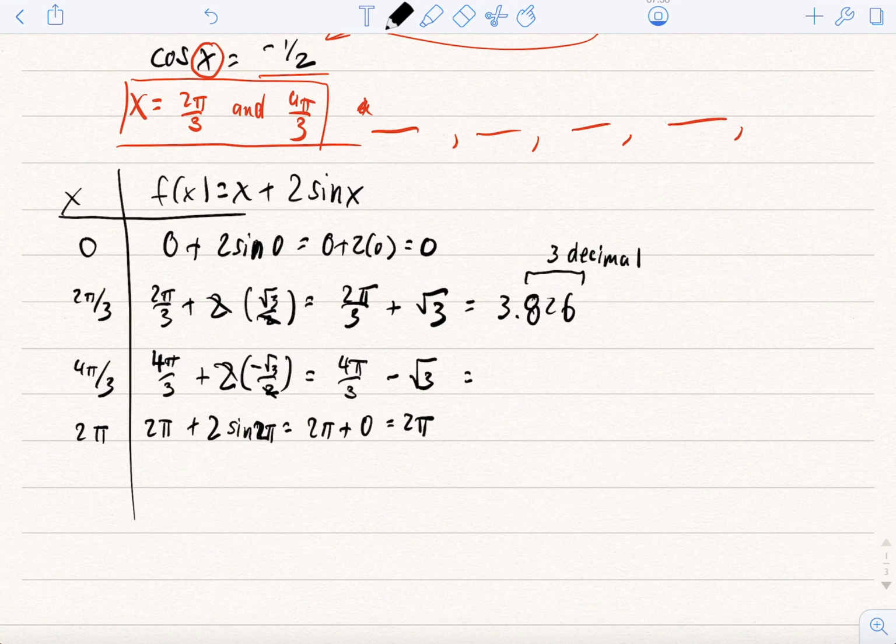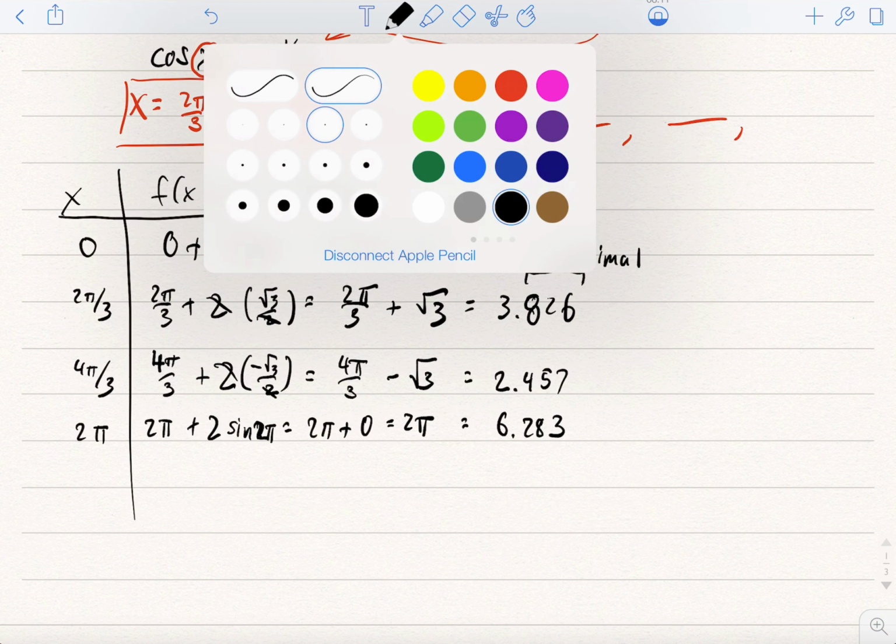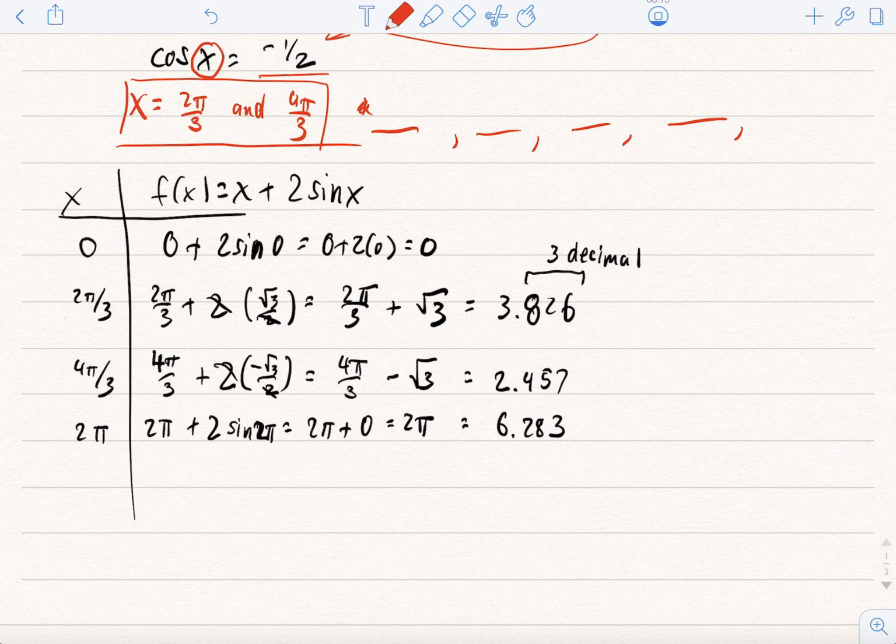And we know that this third one is equal to 2.457. And 2 pi is 2 times 3.14, which is 6.283. Of these four values, which one is the min and which one is the max? We know that 0 is the smallest number, and 6.283 is the largest.